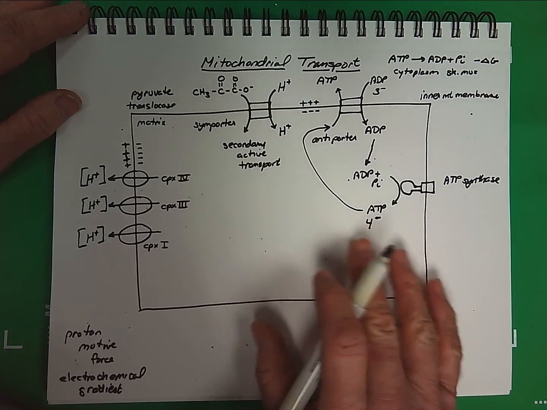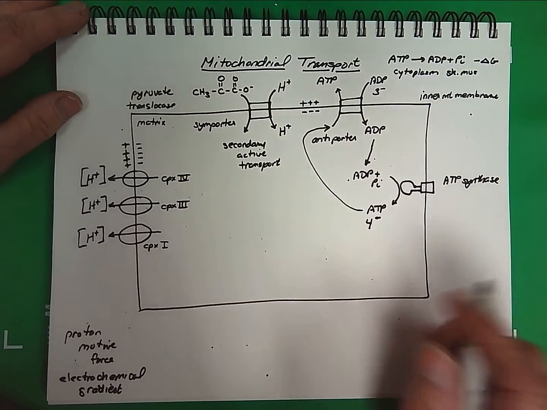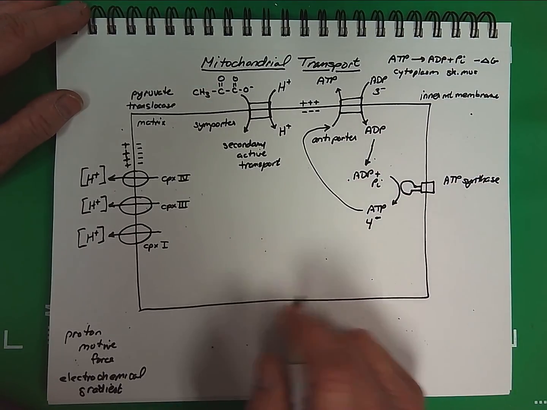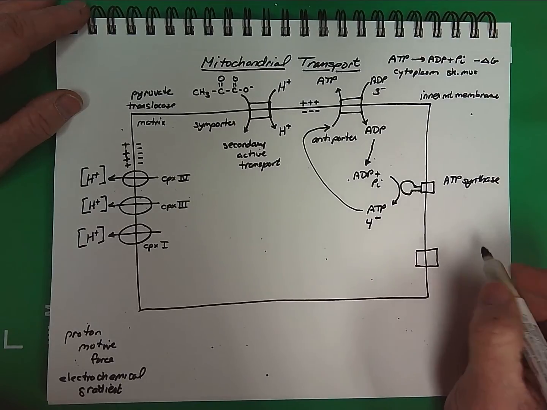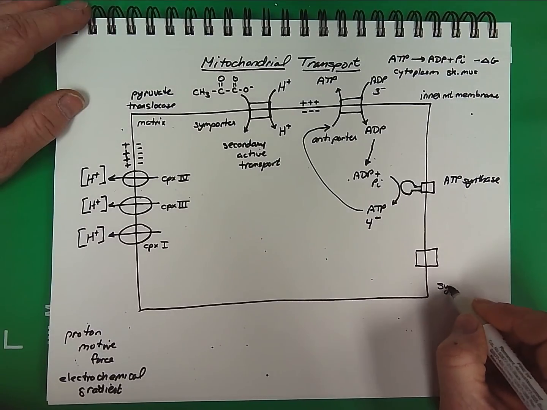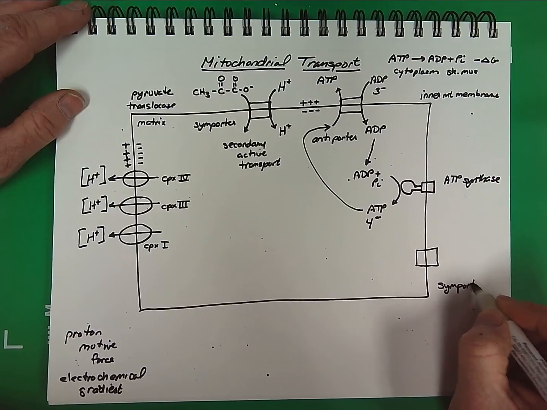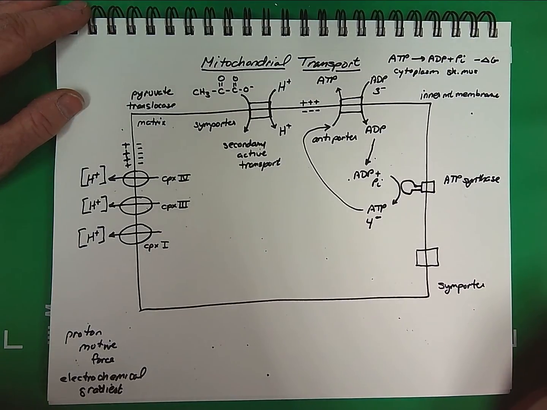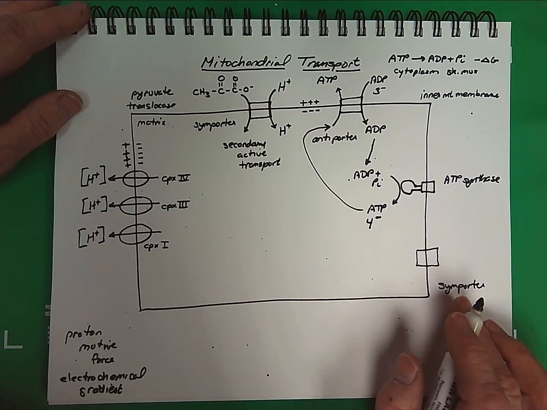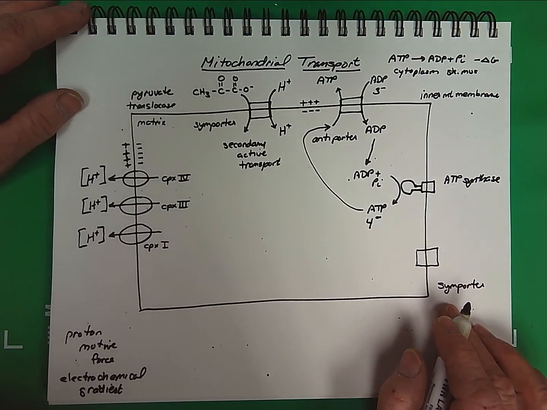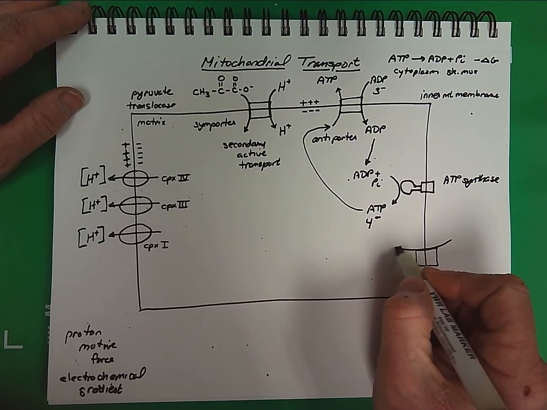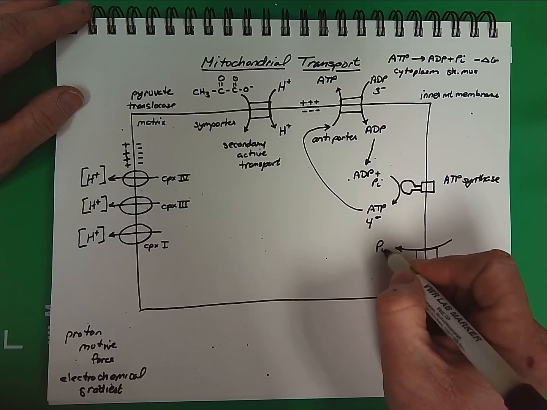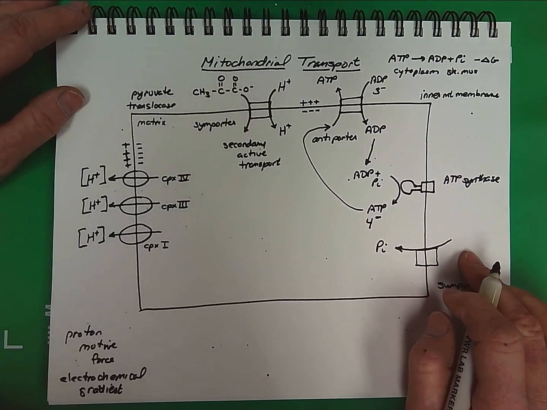Now finally, we haven't talked about inorganic phosphate here. We have to be able to import inorganic phosphate, and so we have a transporter here that is a symporter. And as you can imagine, a symporter means that there's 2 ligands, 2 substrates that will be transported in the same direction. We need inorganic phosphate inside the mitochondrial matrix, and so we're going to take that from the cytoplasm.